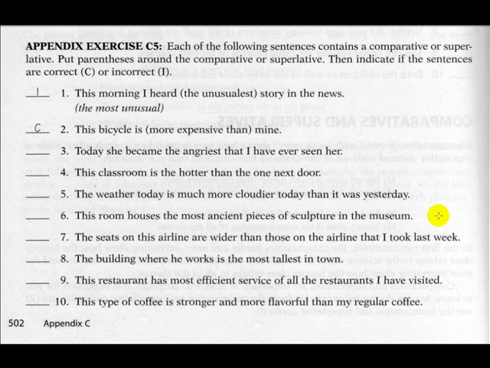Number 7, the seats on this airline are wider than those on the airline that I took last week. Here we're making a comparison from one airline to another airline, and since it's a one-syllable word, we would use the ER ending, okay?